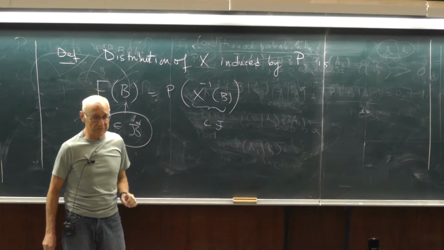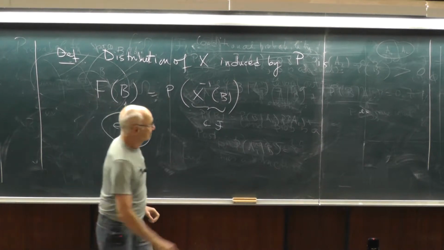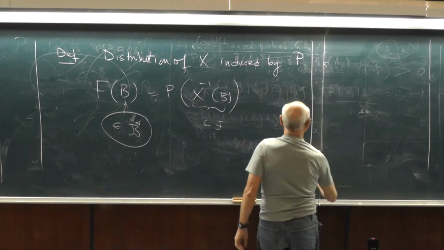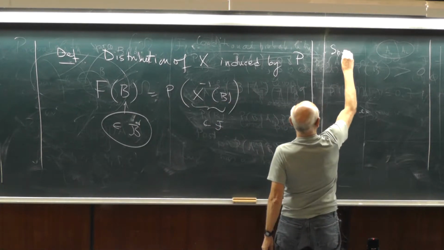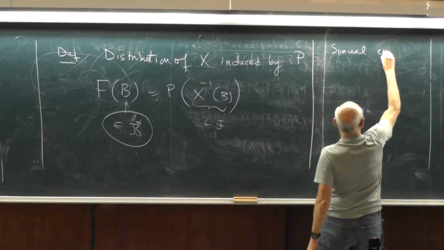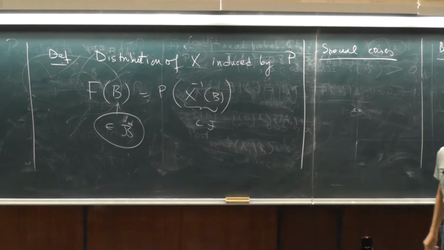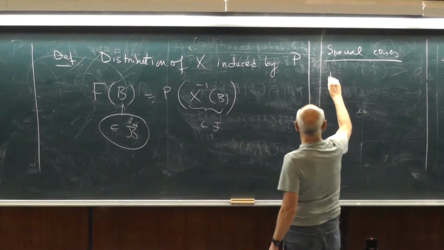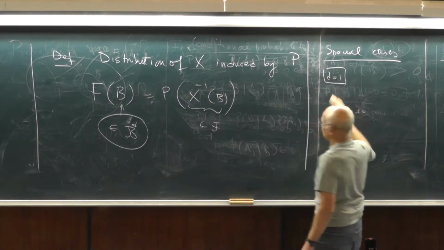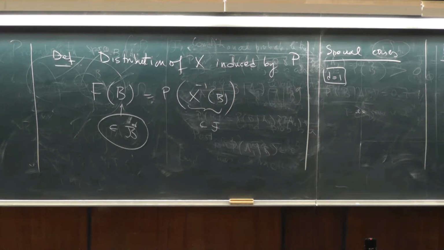So now I'm going to consider a special case. Special case: d is equal to 1. That is, the outcome of x is on the real line.